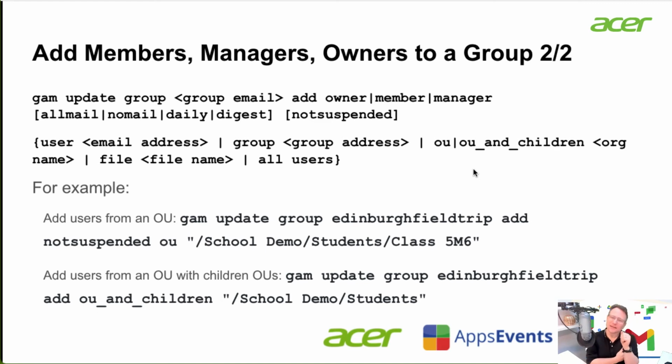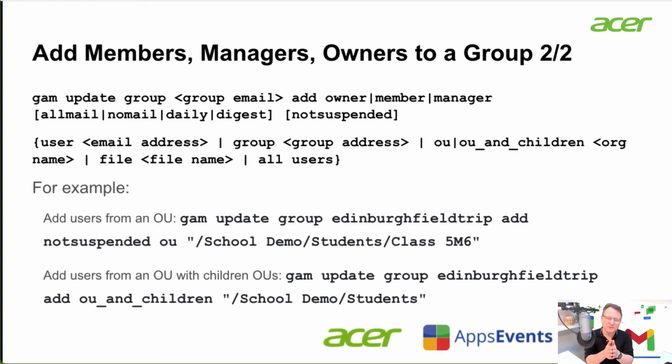As well as adding from groups or adding individual users, I can also add from organizational units within the domain. I'm going to add from a class OU that I've created. And that's this command here in the example, which is GAM update group Edinburgh Field Trip, add not suspended, OU, and then the path to the OU that I'm going to refer to.